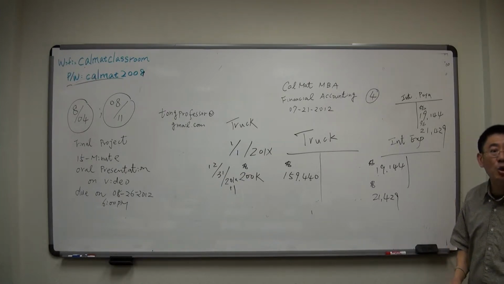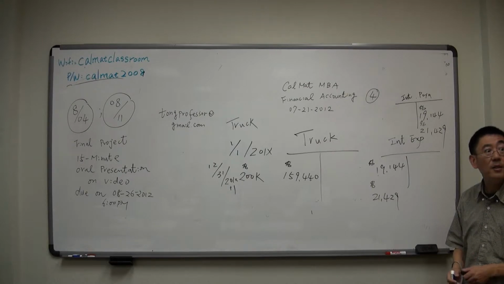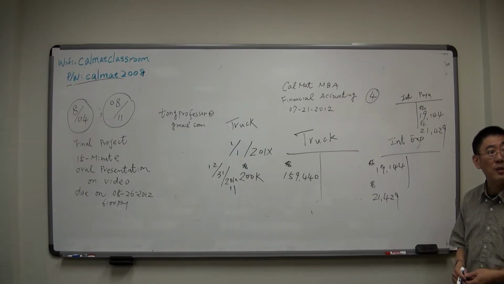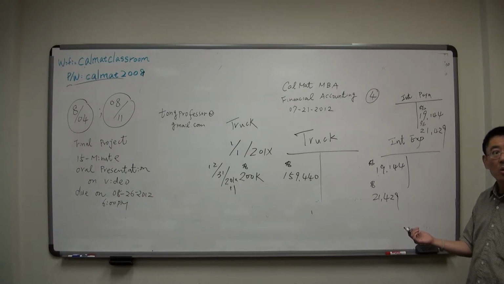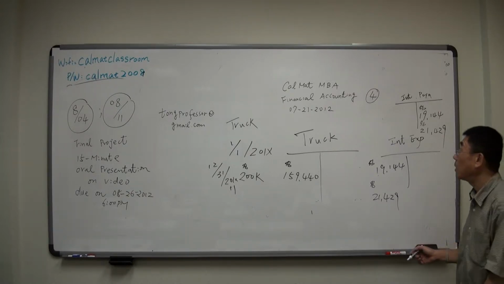Then your company pays 200,000. Everybody, help me to close this. When your company pays 200,000, you do what? You increase the cash. Yes, cash account.